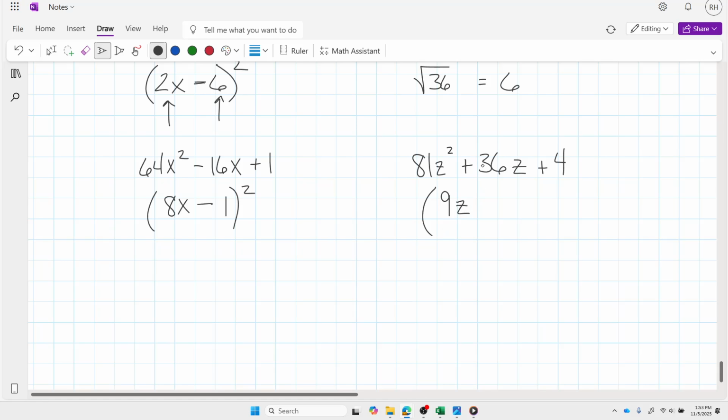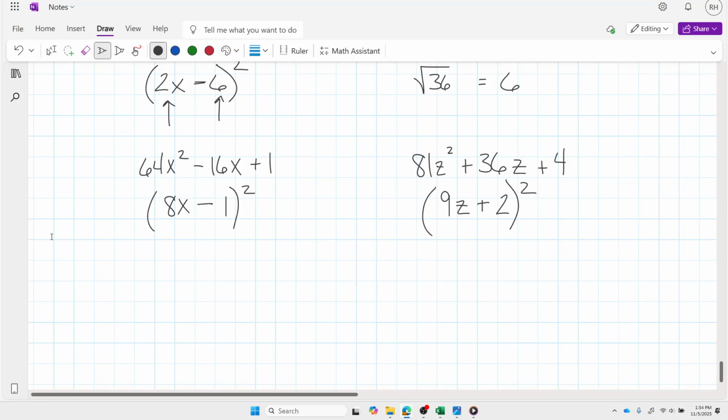If the middle term is positive, then what's this sign? Positive. Square root of 4, 2, add the exponent. Everybody okay with that?